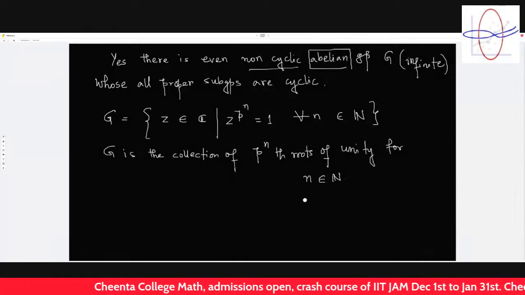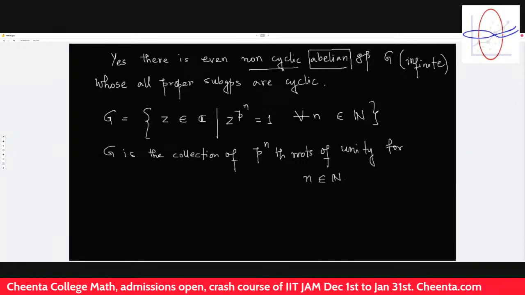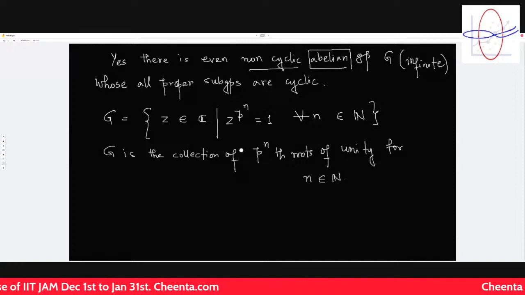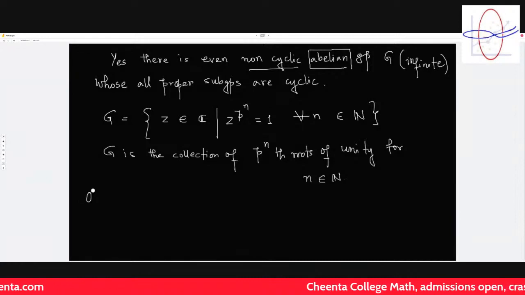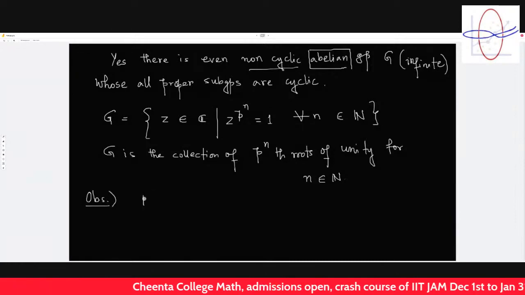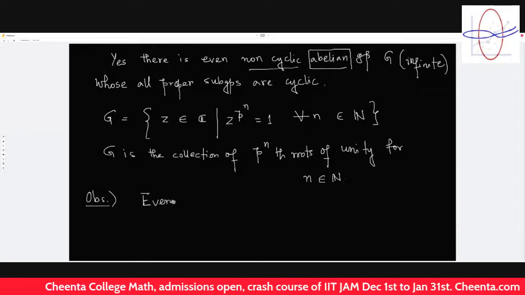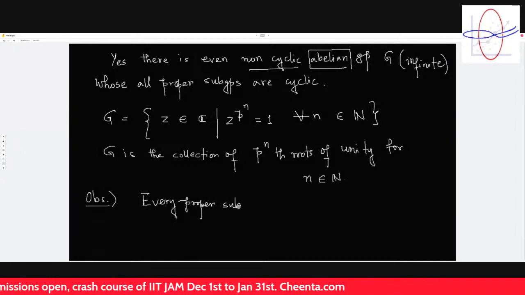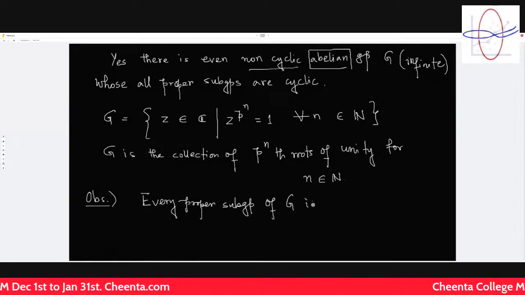Now what is so special about this group? The thing that is so special about this group is that every proper subgroup of it has to be finite. So this is the first observation: every proper subgroup of G is finite.